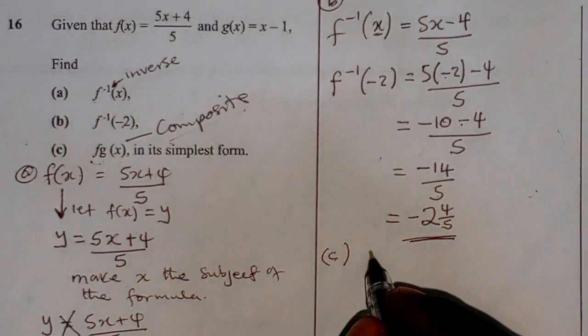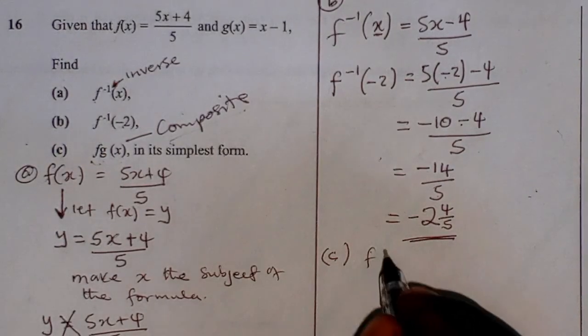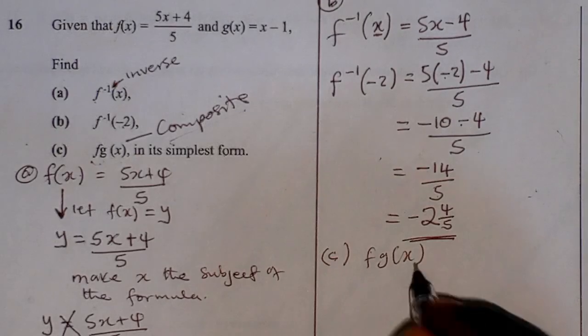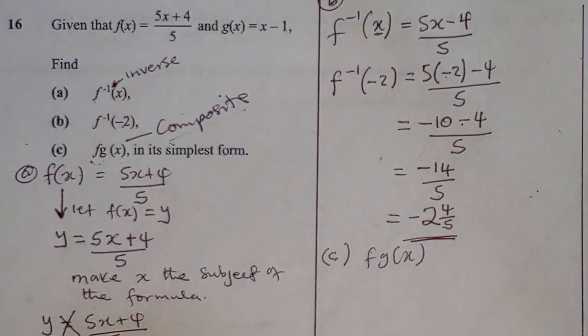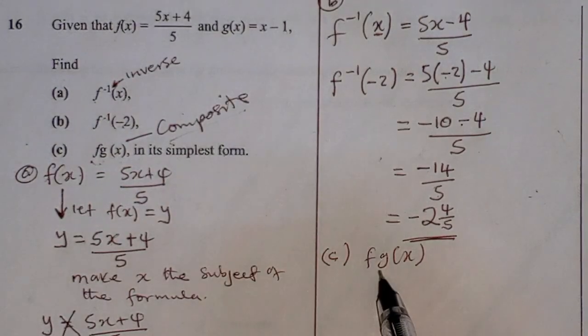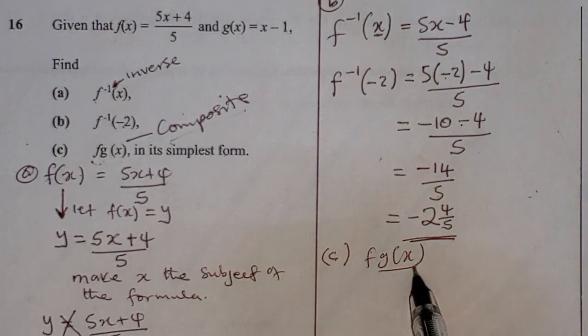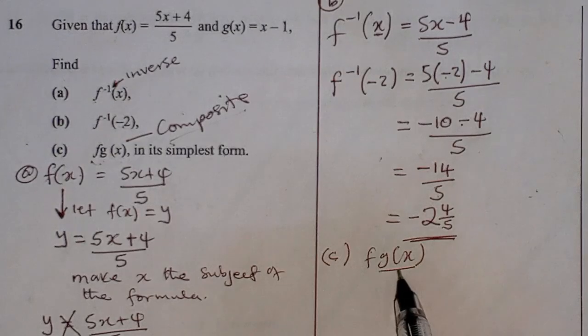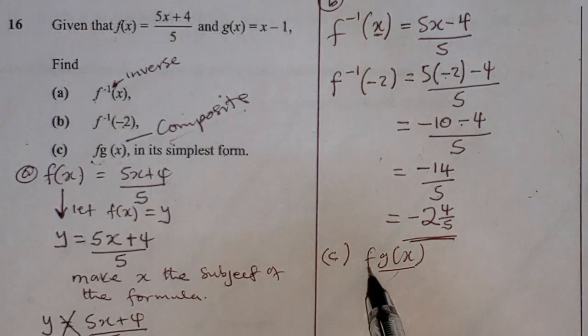So in this case, they want fg of x. What does this mean? It simply means that the g function, we need to substitute it into the f function where there is x.